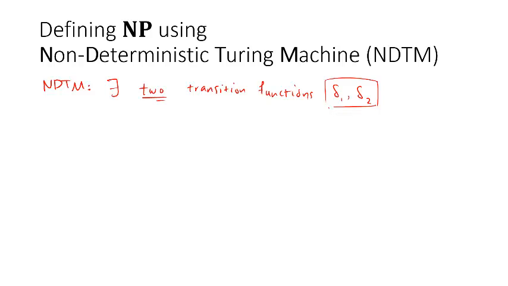And the alternative definition of L being in NP is that there exists a non-deterministic Turing machine. Previously we defined it with a verifier. That's the more intuitive way of defining it, more useful for our previous purposes. This time, a non-deterministic Turing machine, let's call it M, such that, first of all, it runs in polynomial time, because the notion of time you can define the same as before.